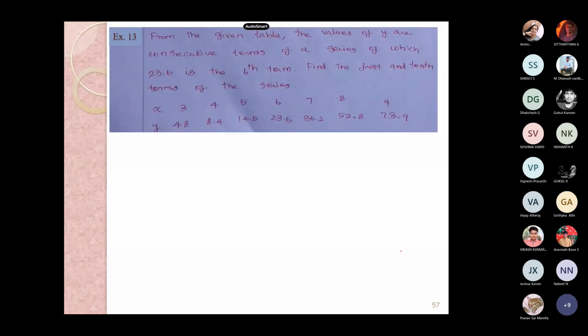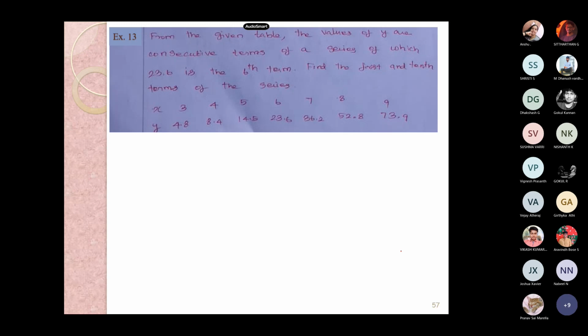Okay, this is the next problem. From the given table, the values of y are consecutive terms of a series of which 23.6 is the 6th term, and find the first and 10th term of the series. See, the data set has data from 1 to 10, in which 3 data points are missing.